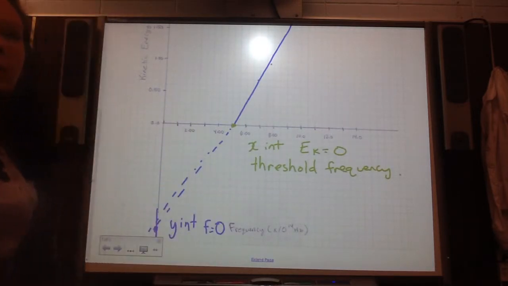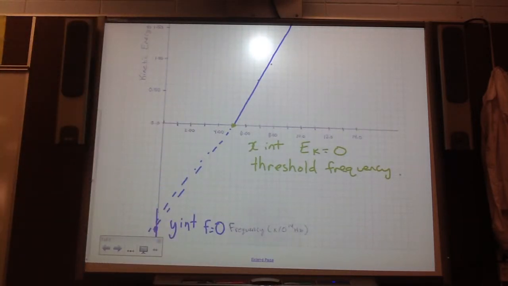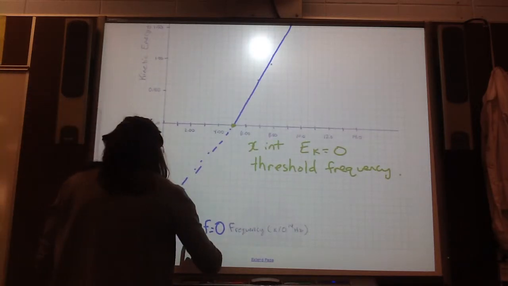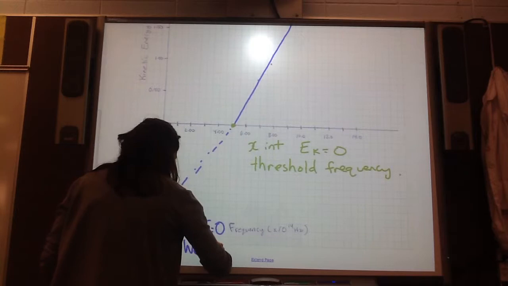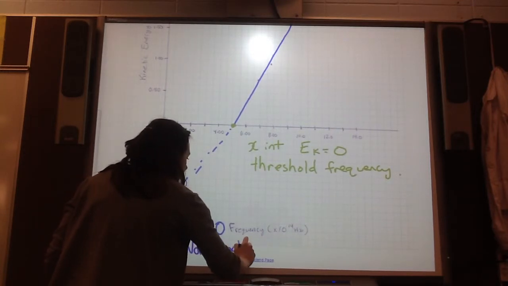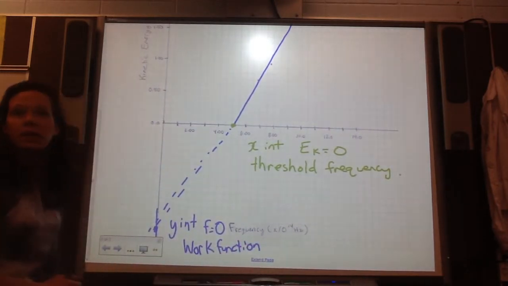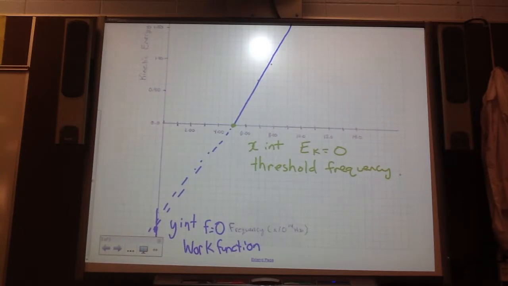So this is the amount of energy really required when your frequency is at its minimum. This is like the work function, because work function really means how much energy is required. So that y-intercept is the work function.